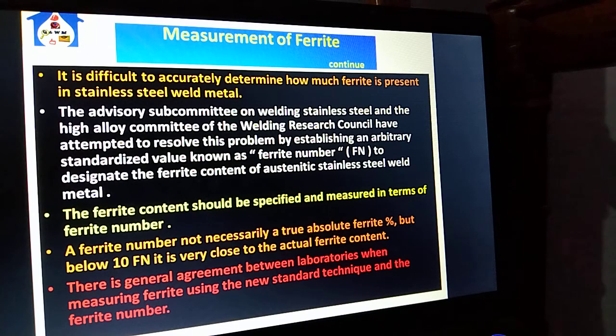Therefore, the ferrite content should be specified and measured in terms of ferrite number. A ferrite number is not necessarily a true absolute ferrite percent, but below 10 FN it is very close to the actual ferrite content. There is general agreement between laboratories when measuring ferrite using the new standard technique and the ferrite number.